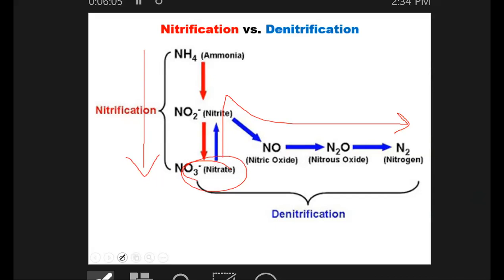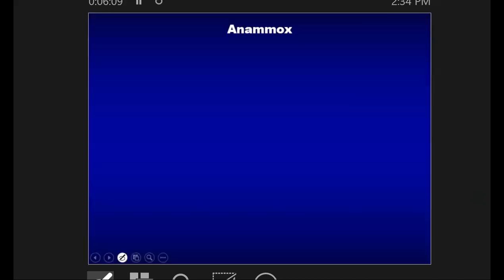Okay. So here's another example of lithotrophy. It's called ANAMOX for short. It stands for anaerobic ammonia oxidation. So the AN is anaerobic, AMM, ammonia, and OX, oxidation.